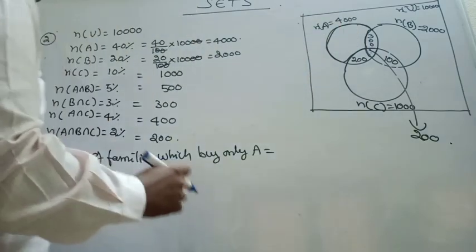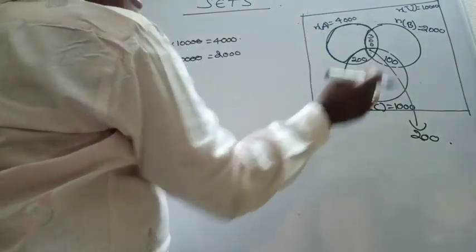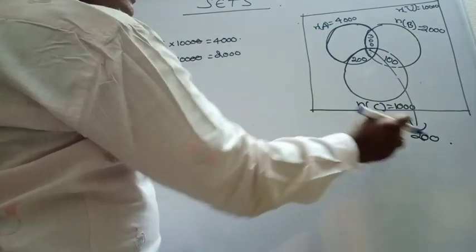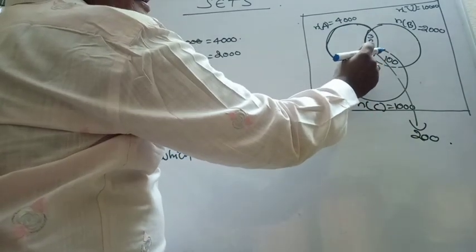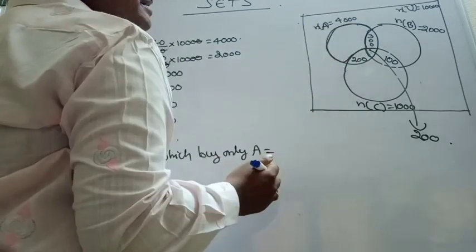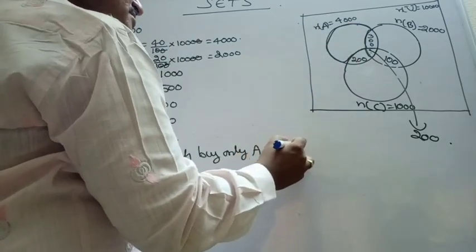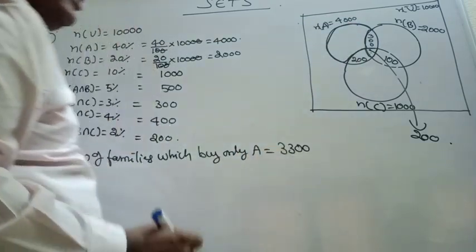You will get 4000 minus, this one 300 plus 200, 500 plus 200, 700. 4000 minus 700 is nothing but 3300 you are going to get.